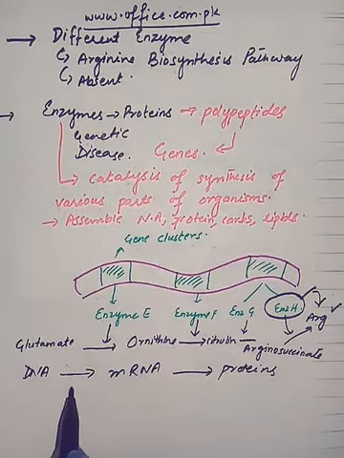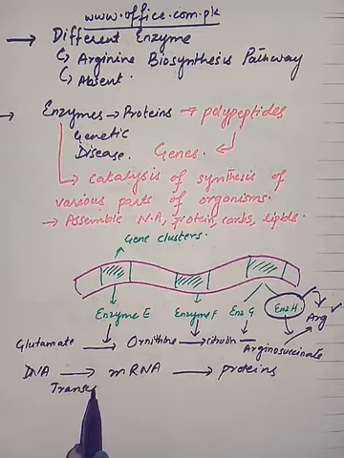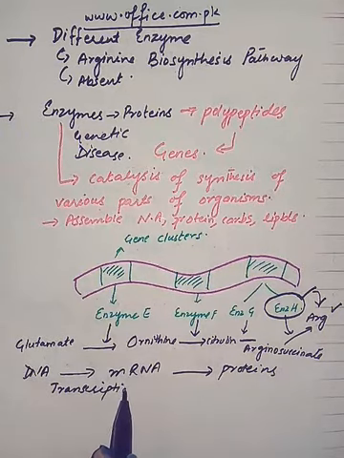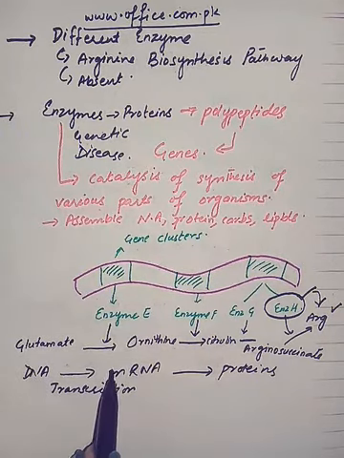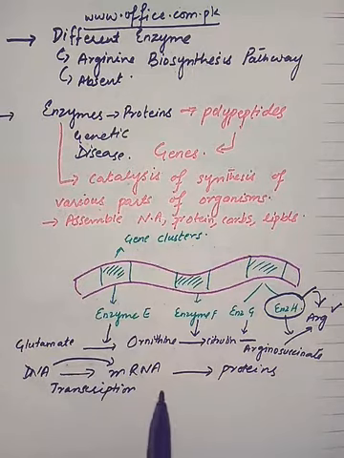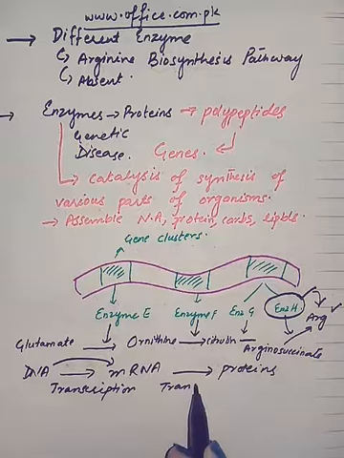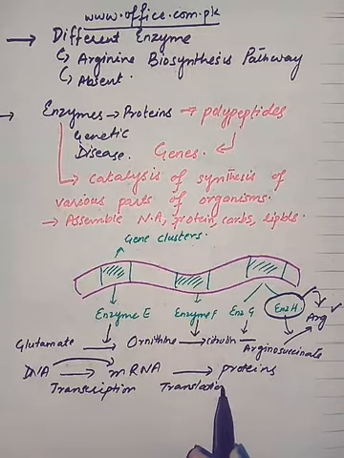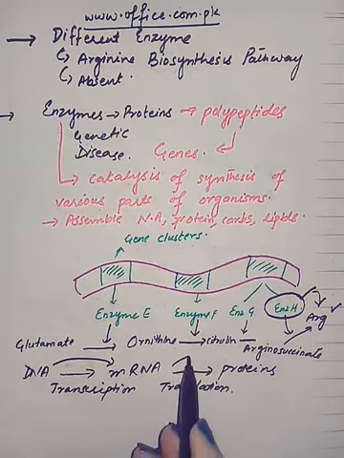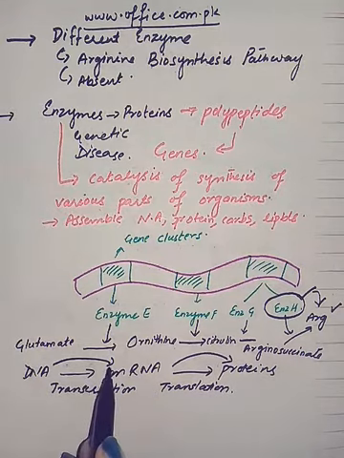So these are two steps. The first step is known as transcription, in which the messenger RNA is formed according to the DNA template, and in the next step we have translation. The information is translated and particular protein is synthesized according to the instructions taken from the DNA.